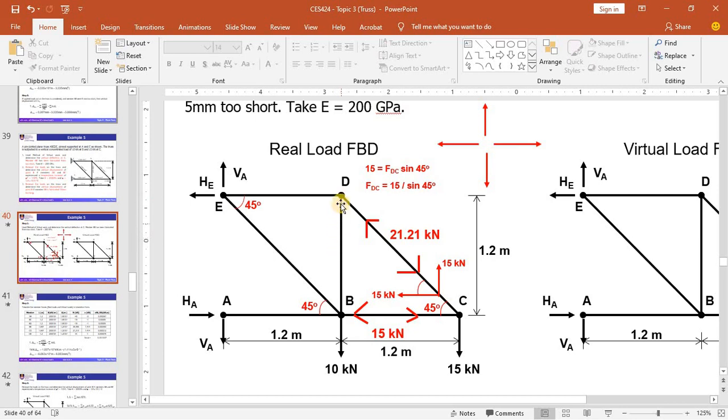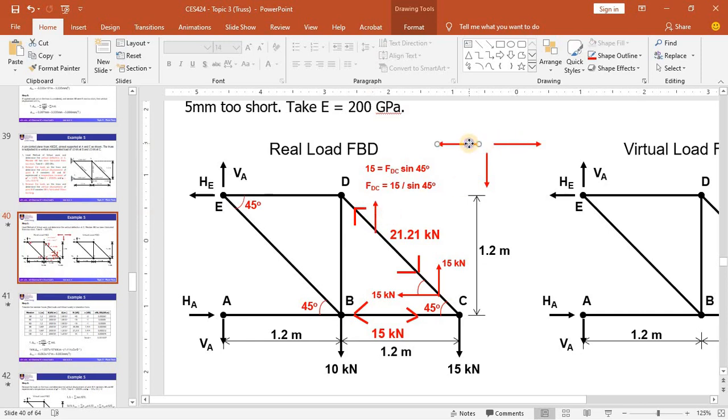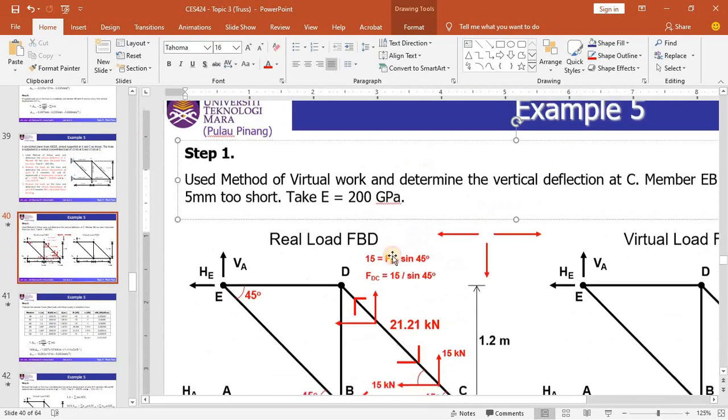If you look at the vertical direction, we have the force from member BD, and we have another vertical component from member DC. I'll indicate it here.